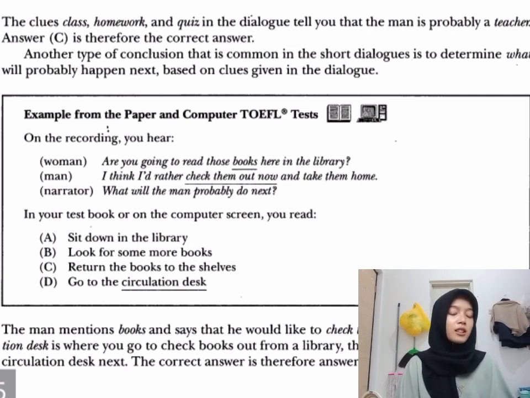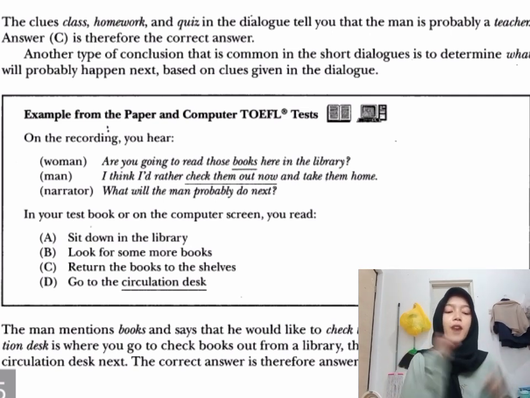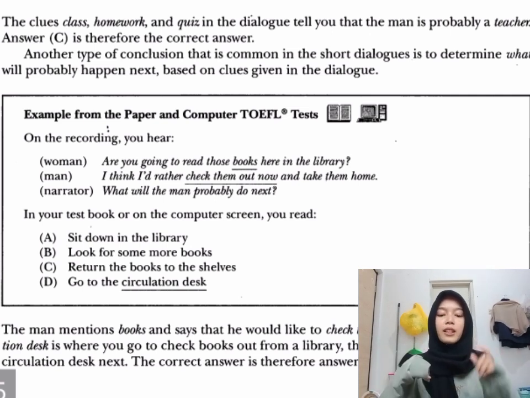No, guys, because the man didn't give the information that he wants to just sit in the library, but he wants to borrow the books and then take them home. And then B, look for some more books. No, because he already found the books, and he wants to borrow them. And then C, return the books to the shelves. Not return, because he borrowed them.